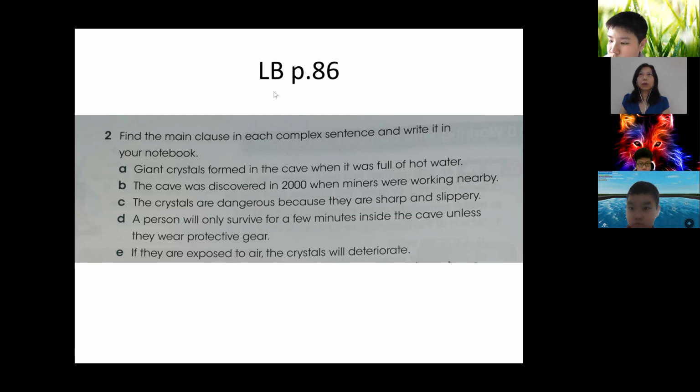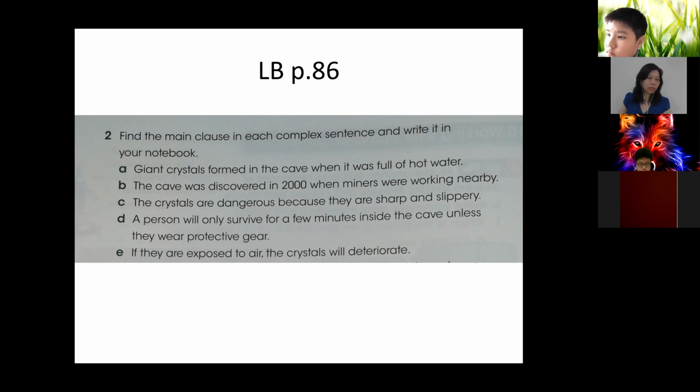Now, everybody go to your learner's book, page 86. Open it, please. Learner's book, page 86. Number 2, find the main clause in each complex sentence and write it in your notebook. Okay, children, go ahead.